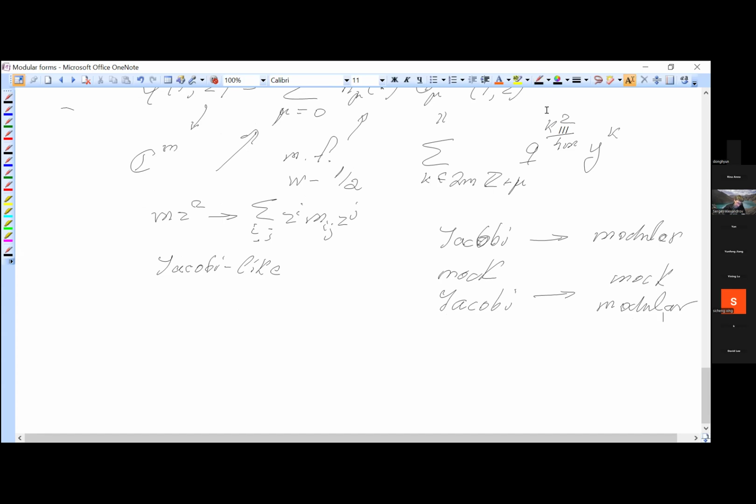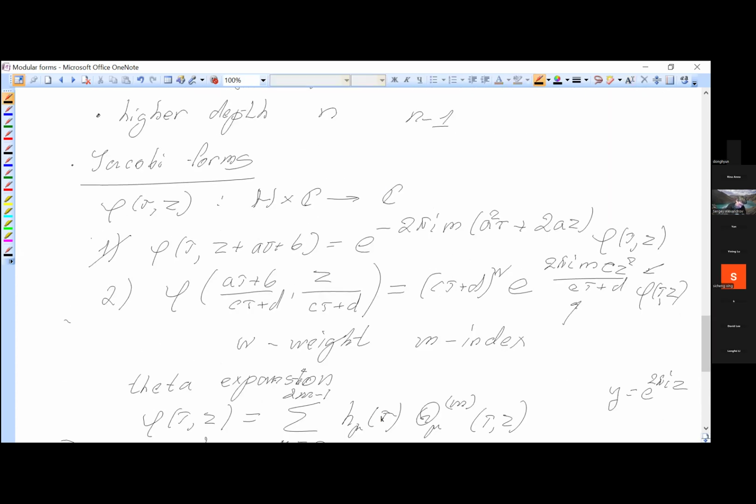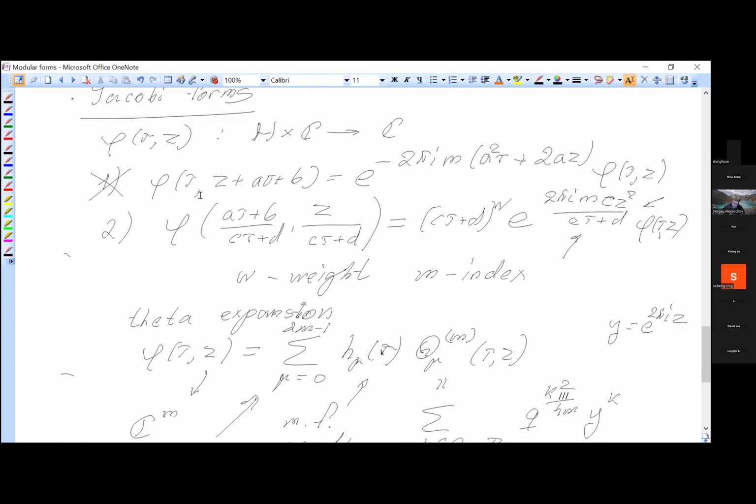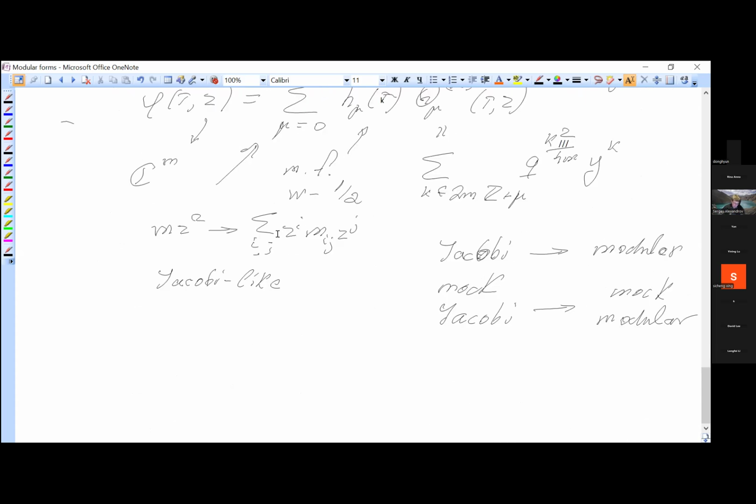And finally, what I want to define is just Jacobi-like forms. Well, this is very easy. You just drop the first property, and you don't require them to have this elliptic property. Of course, then you lose this theta expansion property, it's not true anymore, but still these are interesting objects to consider, and sometimes they play some role. Just to give you the simplest example of such a form, it's kind of trivial: 1 over z.